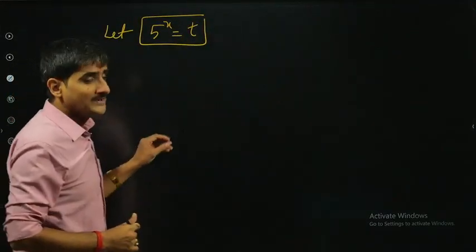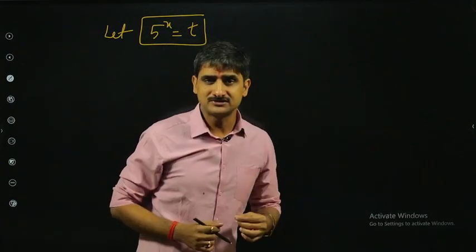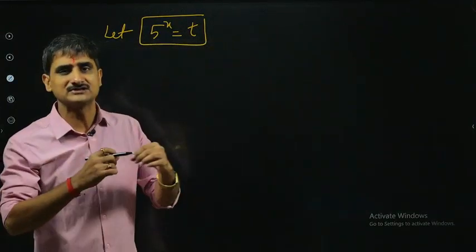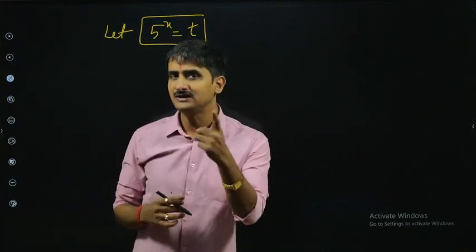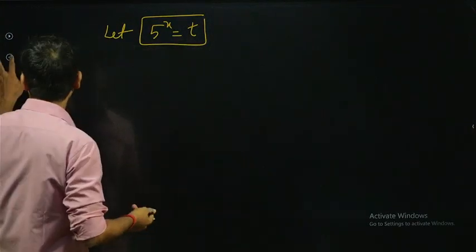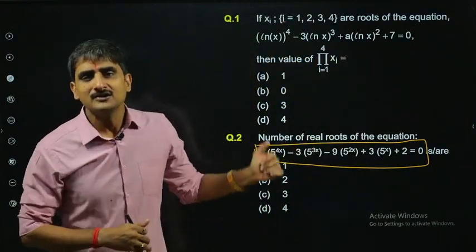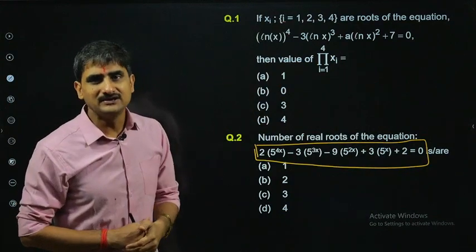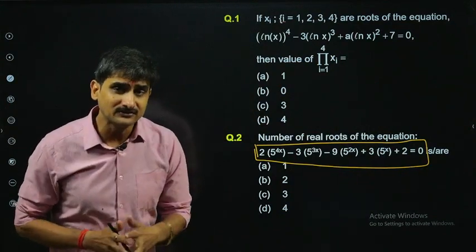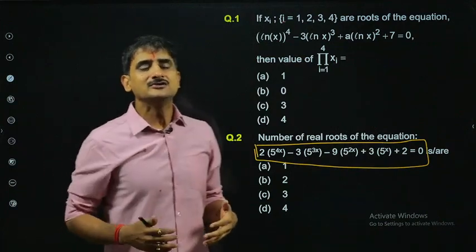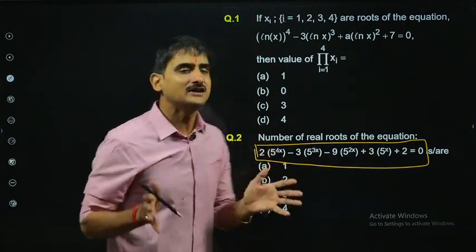One more thing, when we are replacing any such function by a variable which has some constraint over domain or range in particular, like in the previous question which you would have seen yesterday in its solution, there I replaced ln x by t, but since the range of ln x is from minus infinity to infinity, the variable t doesn't need any constraint here.